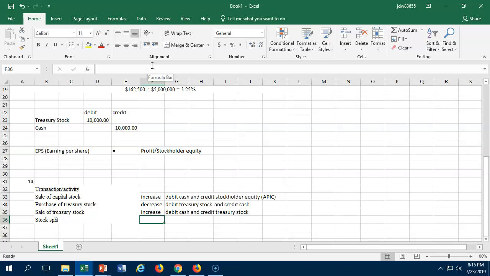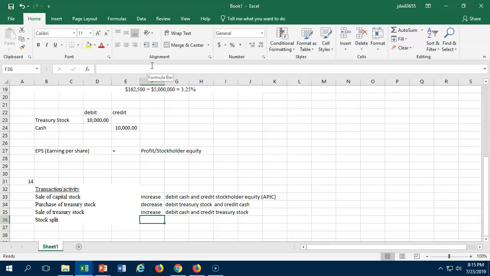Like a 2-to-1 split, or a 3-to-1. Otherwise shares could be $300 a share, and they usually want it under $100. So say you have 300 shares and it's a 3-to-1 split, you have 900 shares, right? And they just provide that amount that you had. Make sense now? Yeah. Perfect.